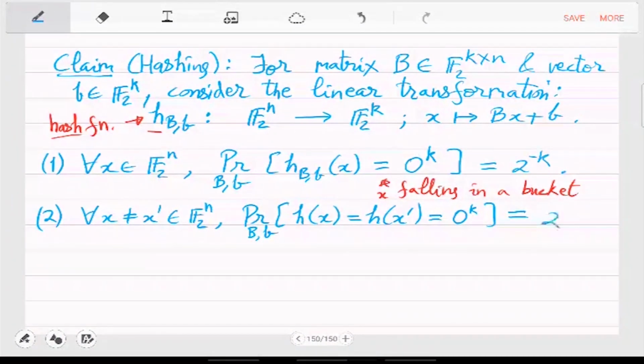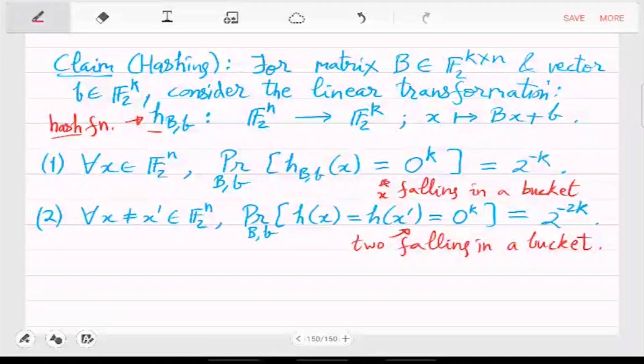So, that probability we will show to be the square of the previous one. So, read this as 2 falling in a bucket. Okay, 2 falling in the same bucket, that probability is lower.